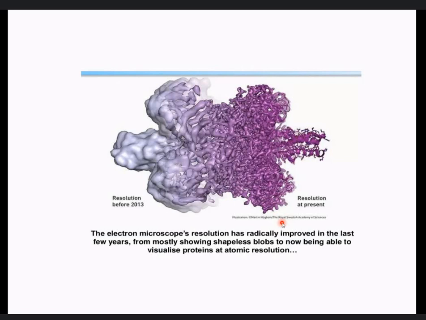I want to show you a picture. This is electron microscope resolution. This is the resolution before 2013, doing crystallography. But now we can see atomic resolution by doing this cryo-electron microscopy, and visualize proteins at atomic resolution. That's so important.